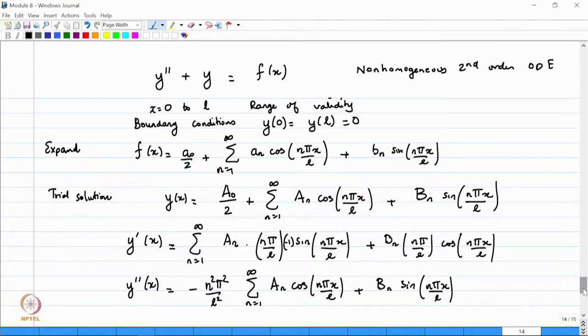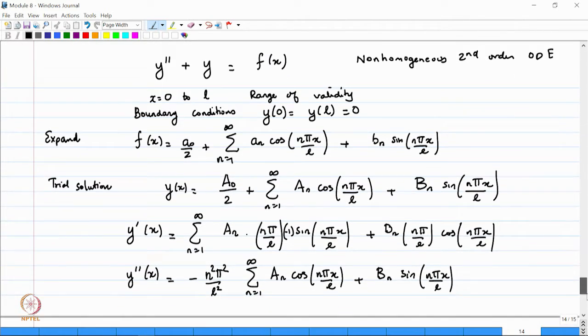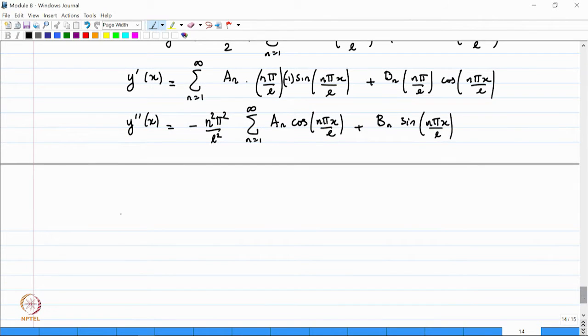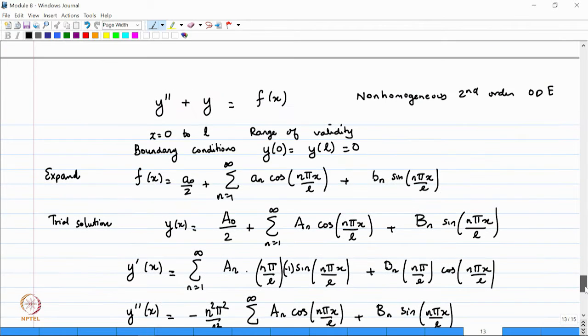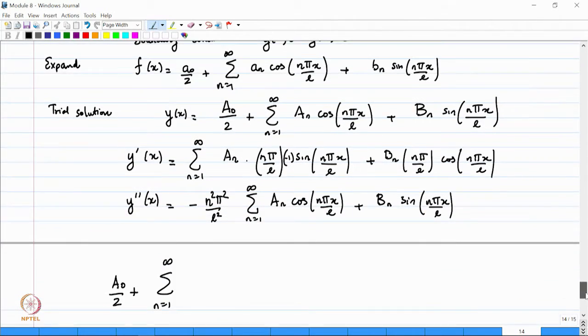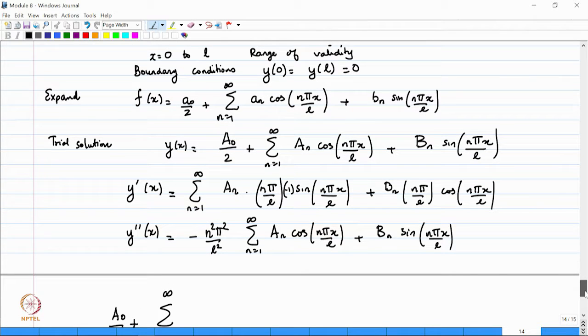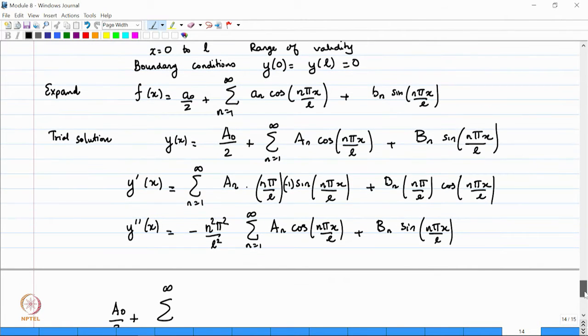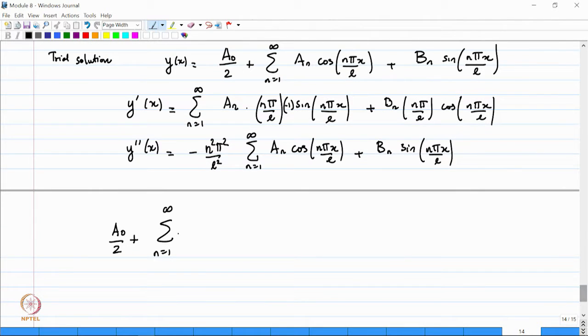So I go back to the differential equation. When I substitute that, what I will get is a 0 by 2 plus sum over n equal to 1 to infinity. The a 0 by 2 I got from the y. From the y I will have these terms. From the y double prime I have exactly those terms, but multiplied by 1 minus n square pi square by L square.